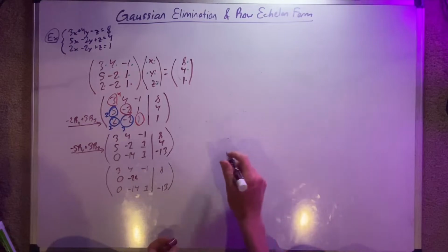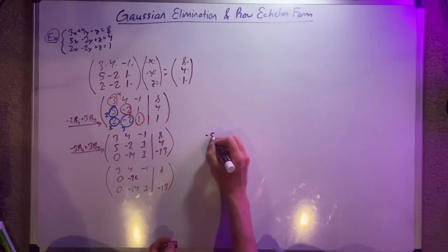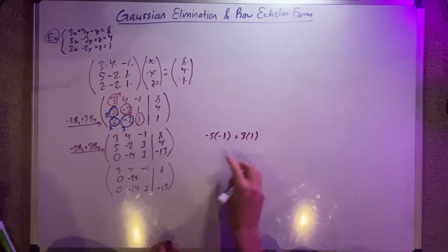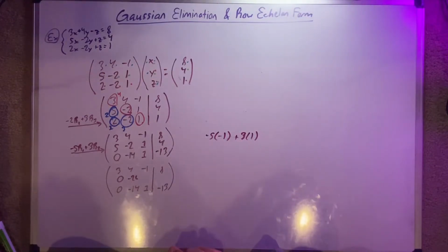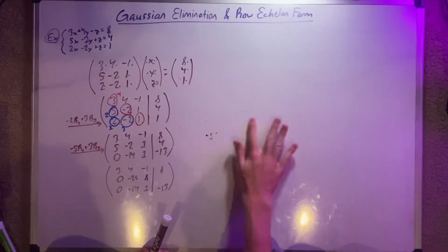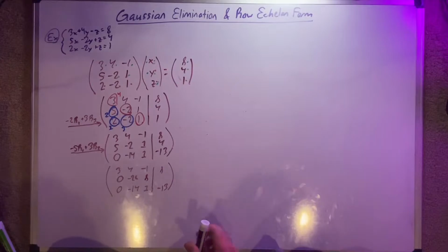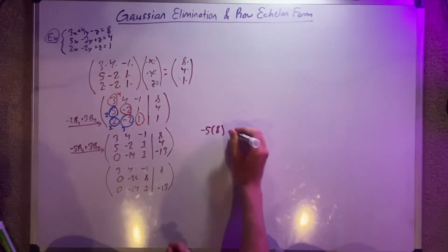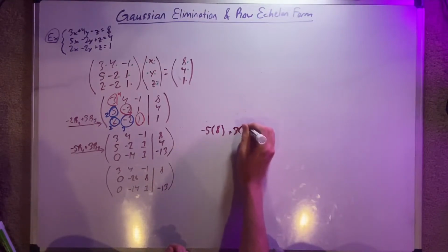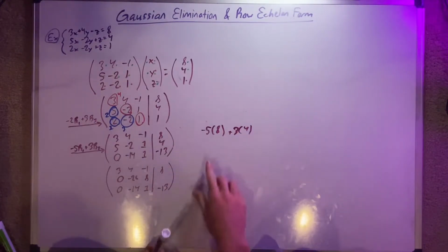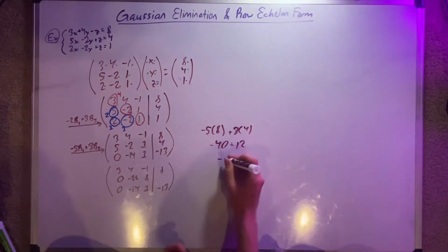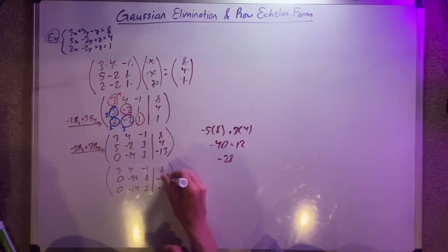And then now we get negative 5 times negative 1, plus 3 times 1. Negative 5 times negative 1 plus 3 is 8. So now we get the final one, negative 5 times 8 plus 3 times 4. Negative 5 times 8 is negative 40 plus 12, which is negative 28.